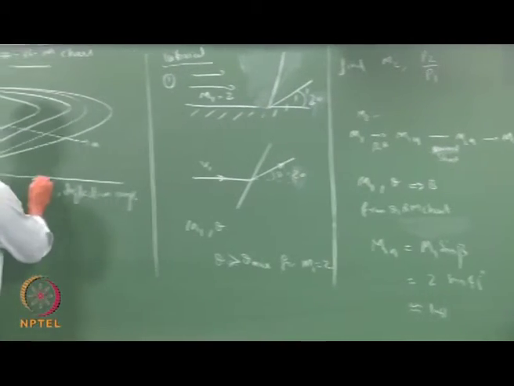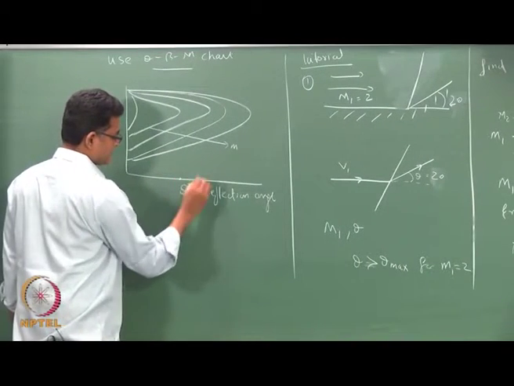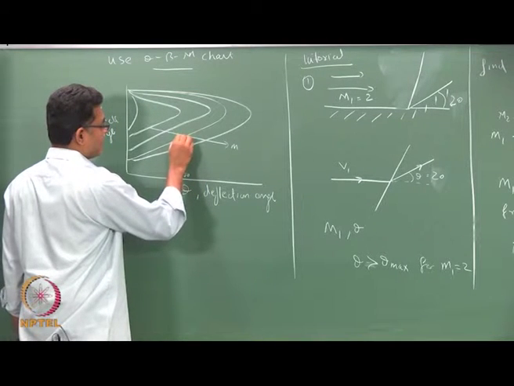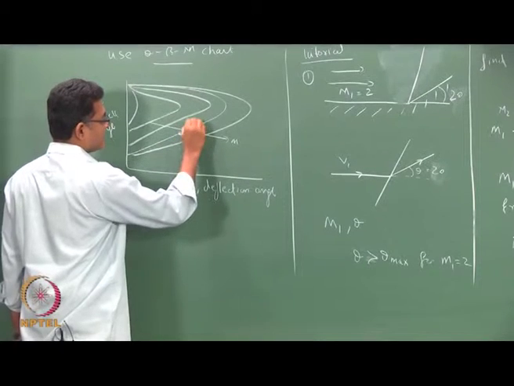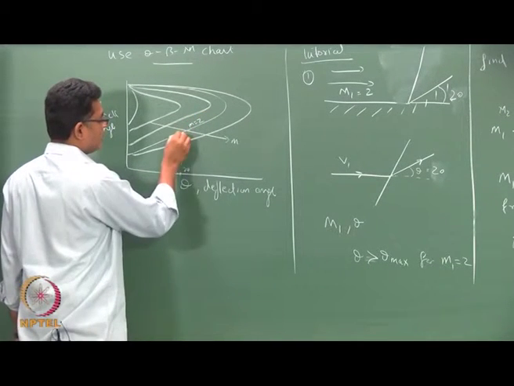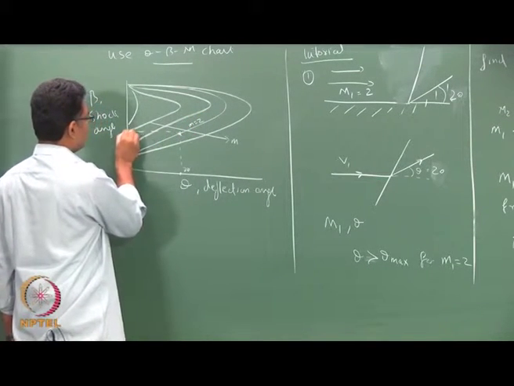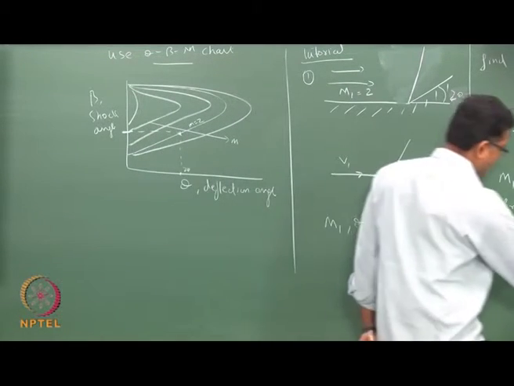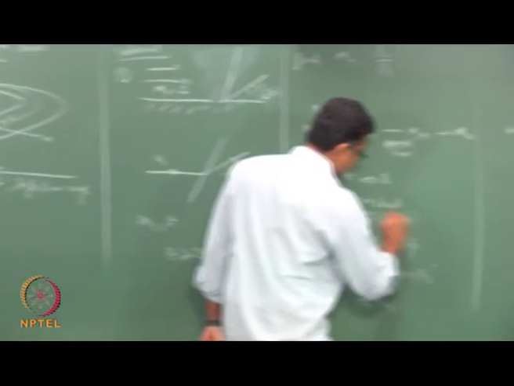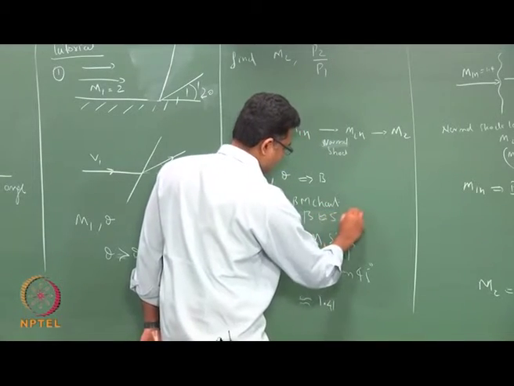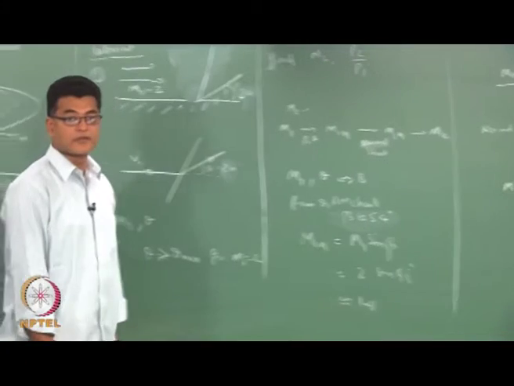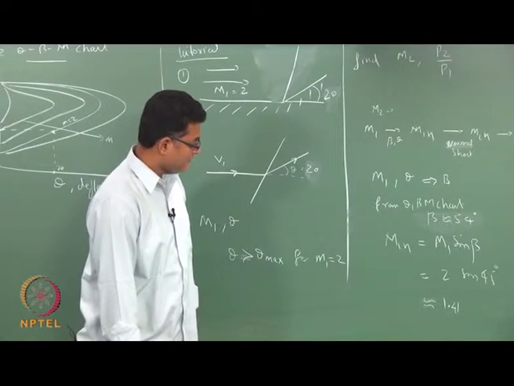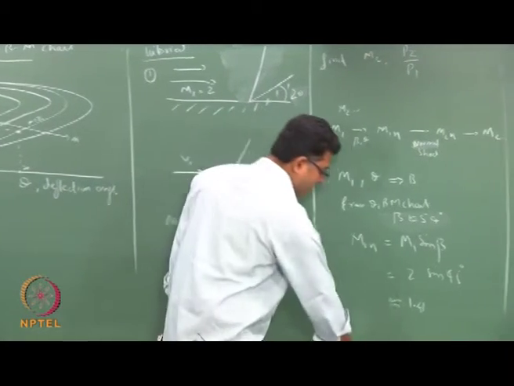Essentially what you have done is you have taken this line which is 20 degrees, you try to find this particular point where this Mach number is 2 and you have taken the beta here, and that beta from the chart we found to be approximately 54 degrees. Okay. So, when it is 54, all these values change.